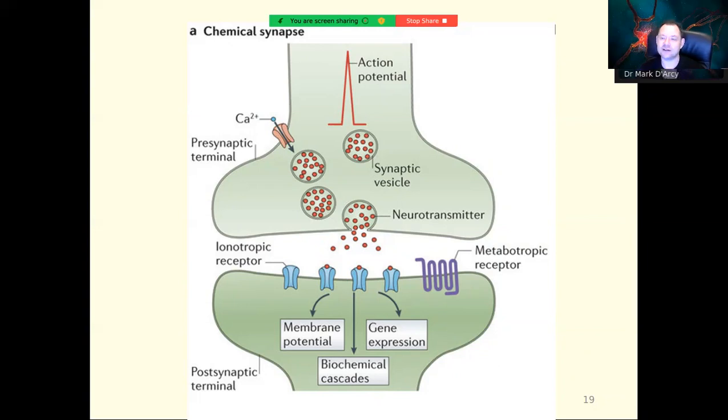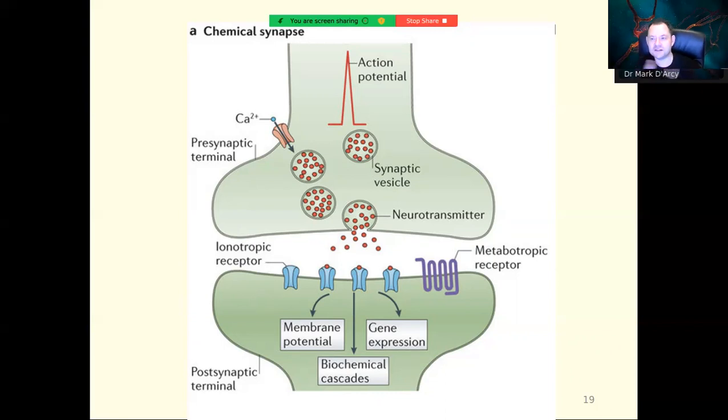So, for example, a channel might open, allowing various ions, such as sodium, to move into the next neuron, changing its polarity or signaling gene expression, switching genes on, switching genes off, causing something to happen in the next neuron.